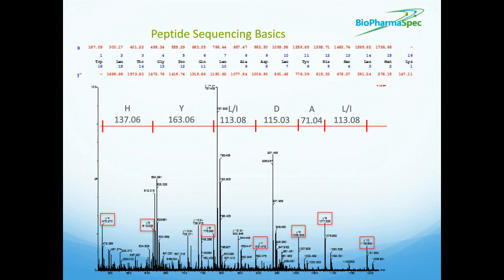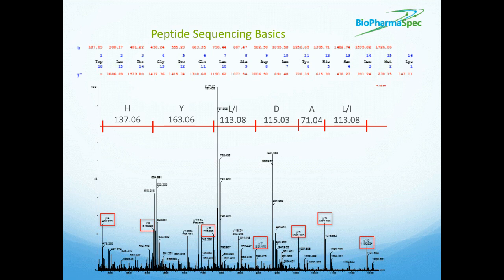We start at the lower end of the spectra. We can see that the series starts at this 478 mass. And then you can see with the red boxes, it moves further up the range. We're able to determine that the spaces in between the masses correspond to known masses of amino acids.